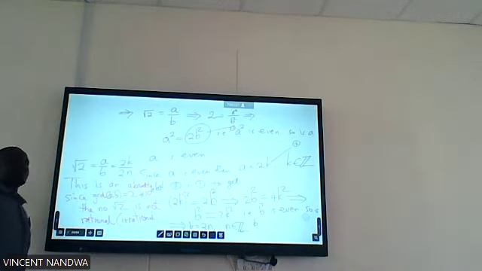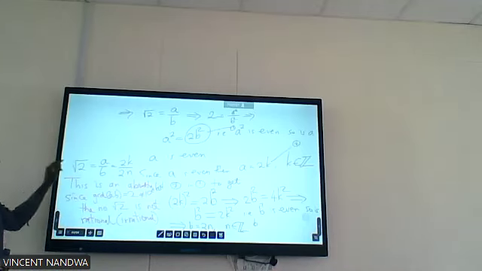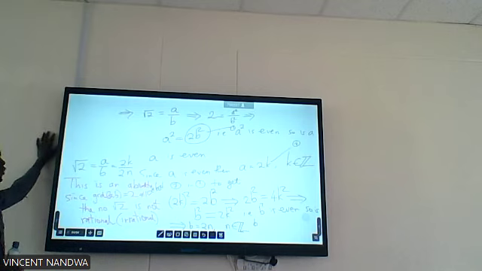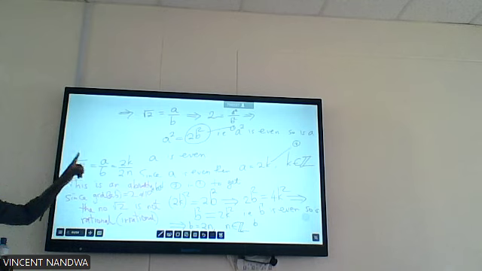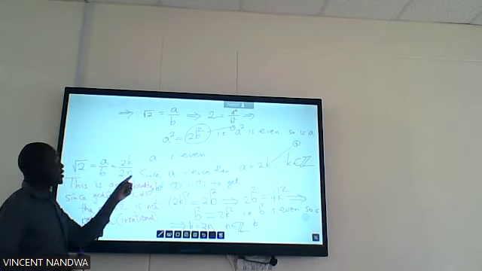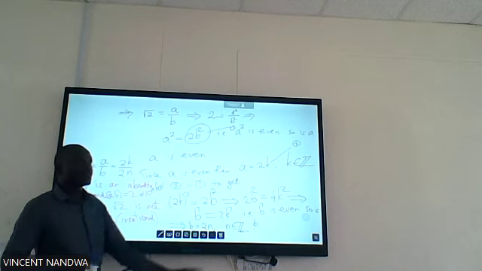Take into consideration the definition of a rational number: when you say a number can be written in the form a over b, we mean a and b are in reduced form. Reduced form means the GCD of a and b is 1. So by doing this, a is even, a multiple of 2, and b is even, a multiple of 2.